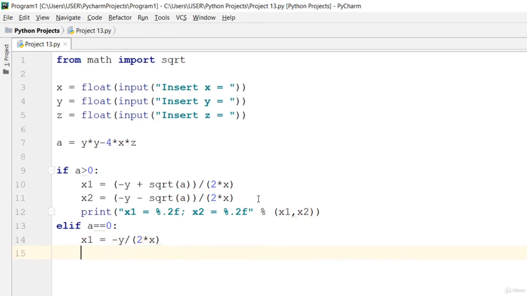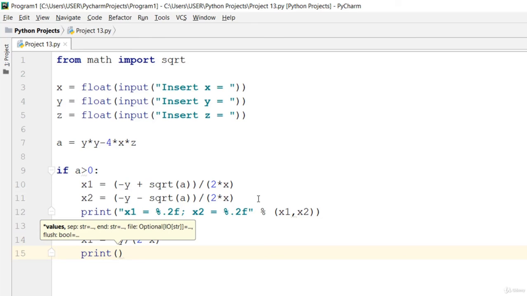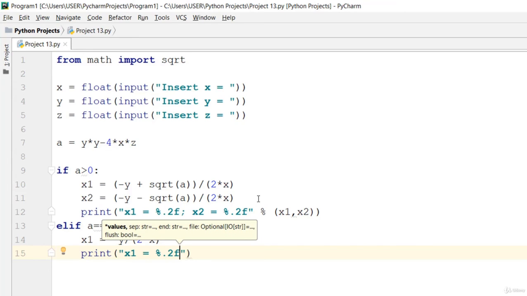Alright, go ahead and print out x1 is equal to percentage 0.2f, put this to two decimal places, and modulus x1.